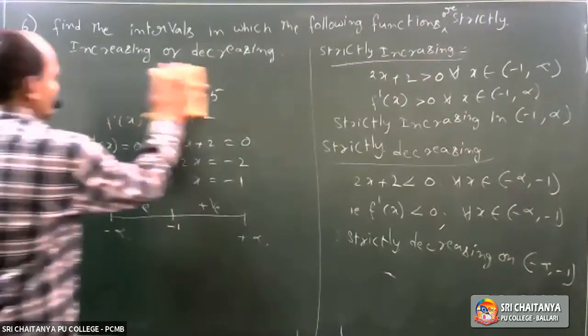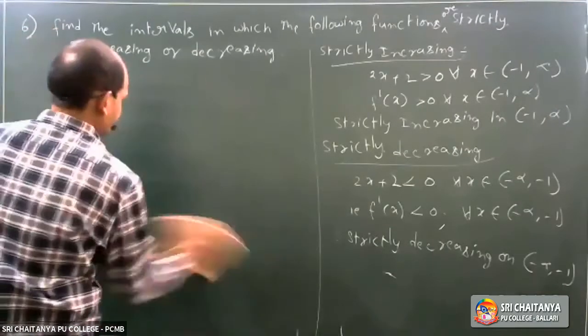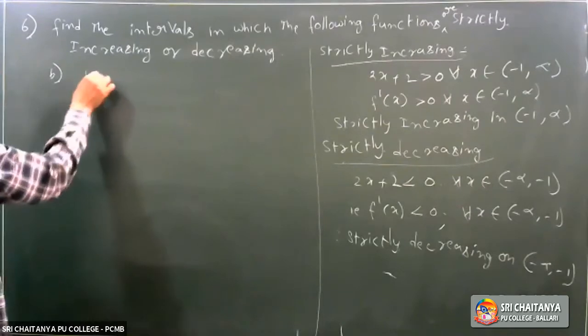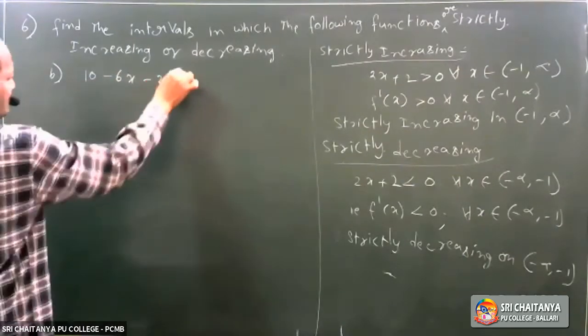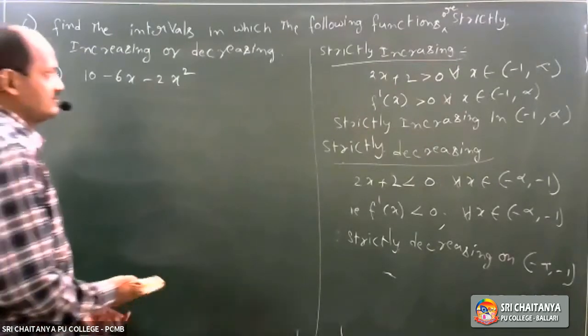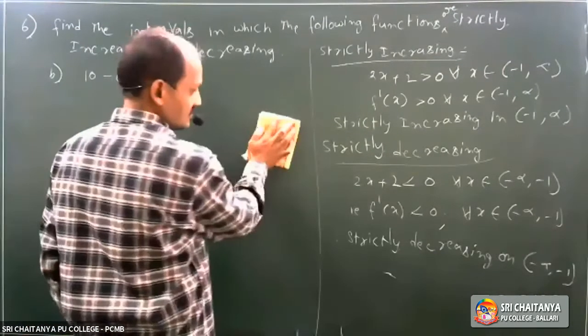Okay. Next, second question, B1, sixth B: 10 minus 6x minus 2x square.